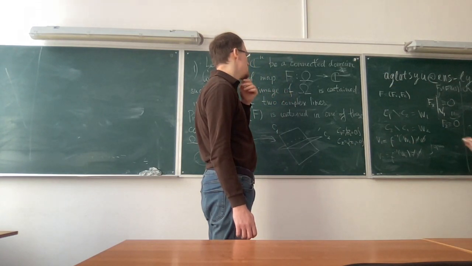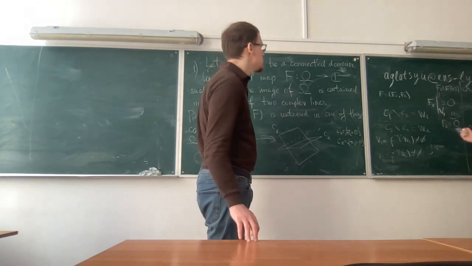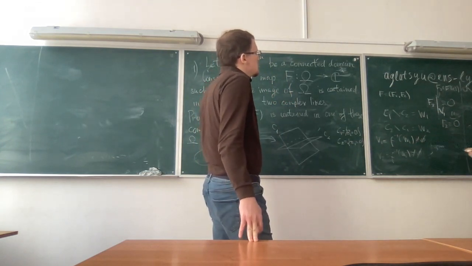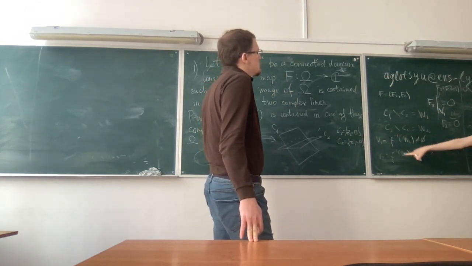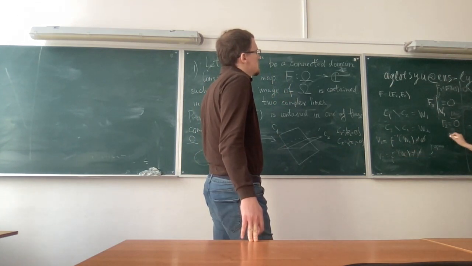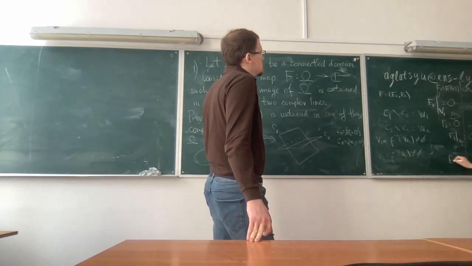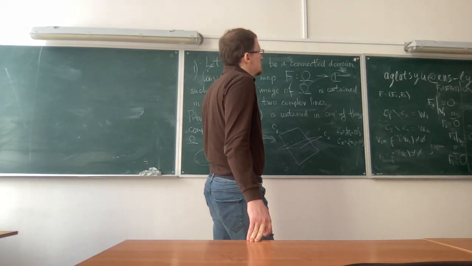And I can say the same thing about V2: F1 on V2 is 0, then F1 is equal to 0 everywhere, and then F is just equal to 0. Yes, exactly, thank you very much.